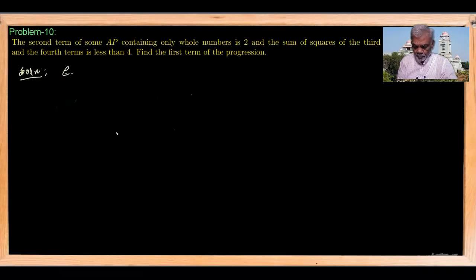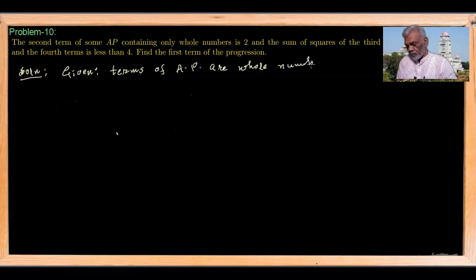Now given, what are the given things here in this problem? Terms of AP, arithmetic progression, are whole numbers. Means all the terms of the AP are either positive whole numbers or negative whole numbers, just whole numbers only.